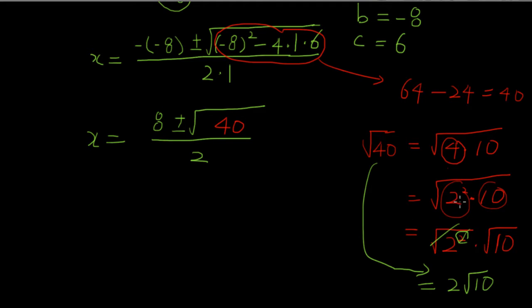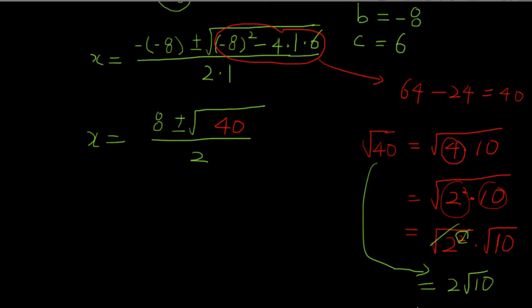Anything squared, you can separate it like that, and you can cancel. Then one might ask, why don't you simplify 10 further? Well, you can't really represent 10 as a multiplication of 2 numbers with one of them being a square that you can take out. I can think of 2 times 5, but both 2 and 5 cannot be rewritten in square form.